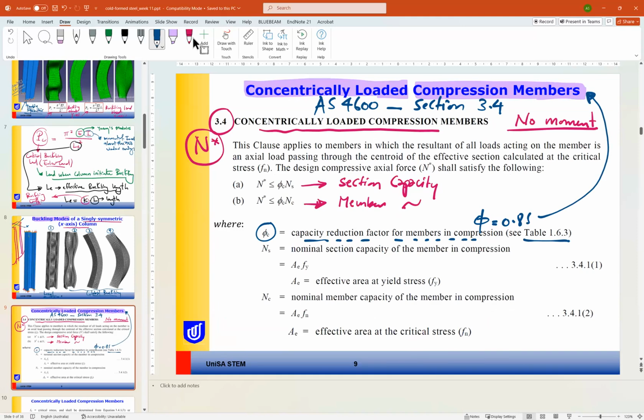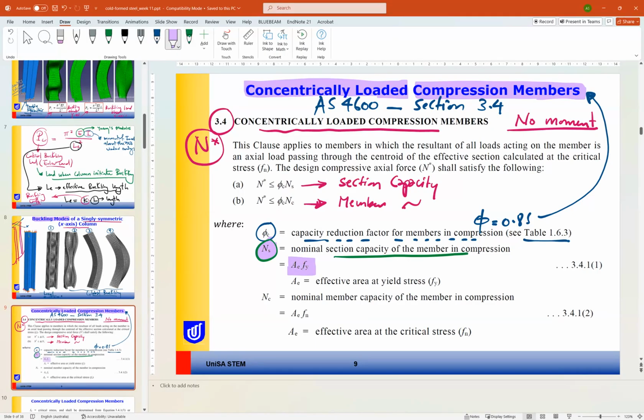NS, what is NS? NS is the nominal section capacity of the member in compression. NS is equal to A effective times Fy.